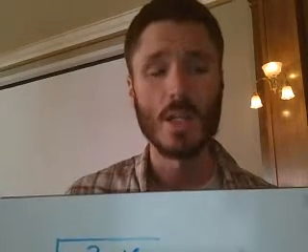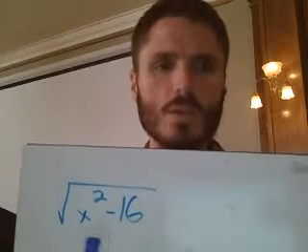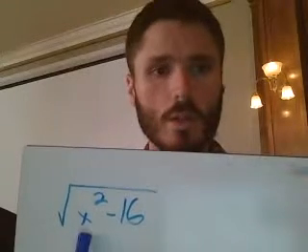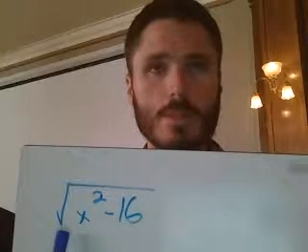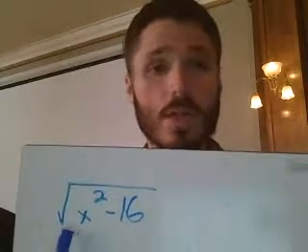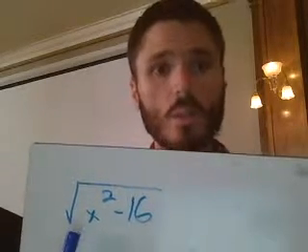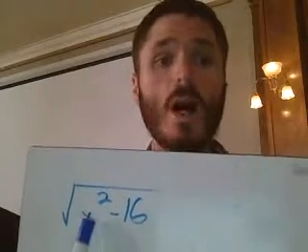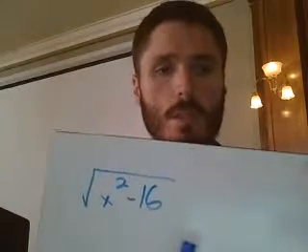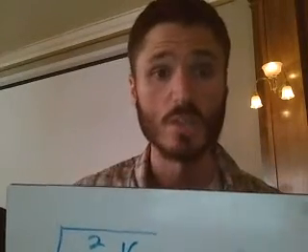So we know that x equals 3 doesn't work. 2 wouldn't work either. 1 wouldn't work, because they would all give you negative numbers. 0 wouldn't work. -1 wouldn't work. -2 wouldn't work. -3 wouldn't work, because -3 quantity squared would give you a +9, because whenever you square something, it becomes positive. Minus 16, the square root of that would be something we couldn't do.